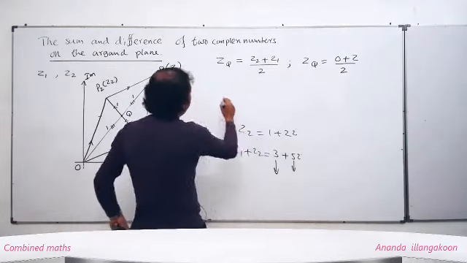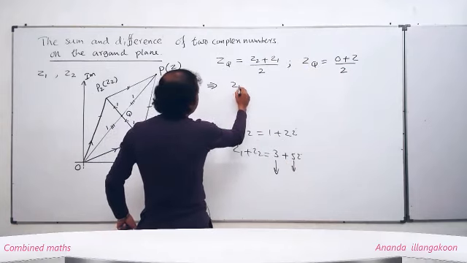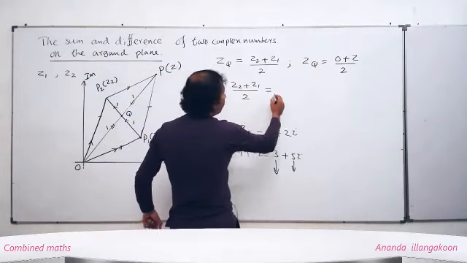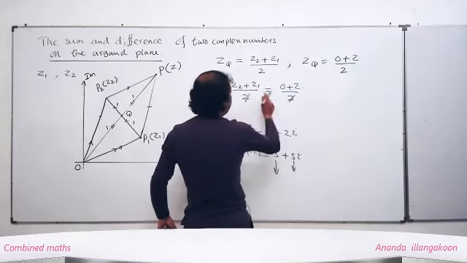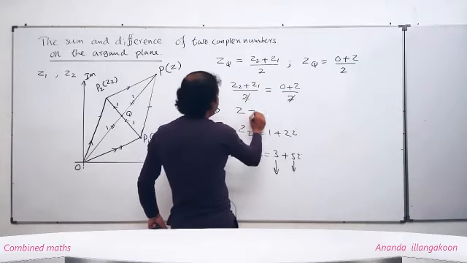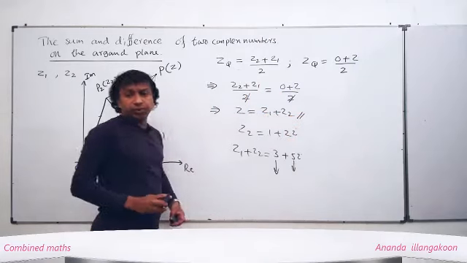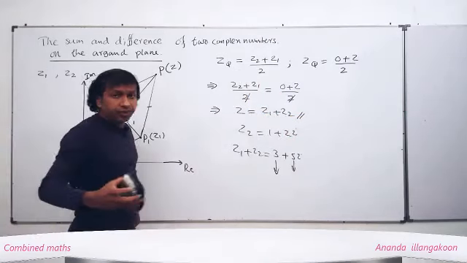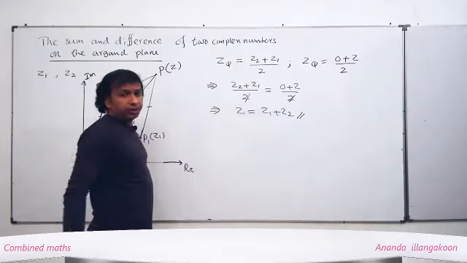Therefore, we get Z2 plus Z1 divided by 2 is equal to 0 plus Z by 2. These two you can cancel down. This gives Z1 plus Z2 is equal to Z. That is how simply we find the point which represents the sum of the complex numbers Z1 and Z2.